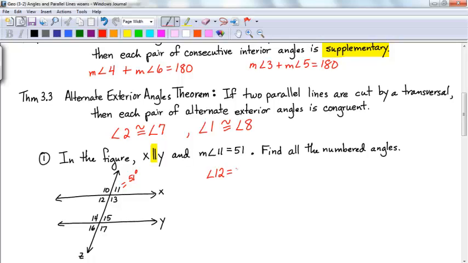Not alternate interior. Vertical, yep. Anytime you have two lines intersect, these would be equal and these would be equal by vertical angles. So what else is equal to 51? What other angle? 15. Why?